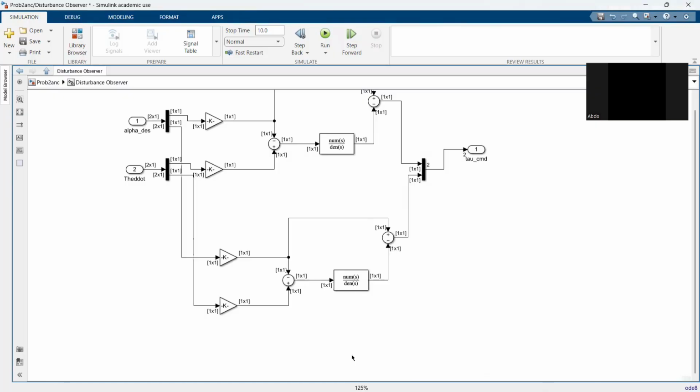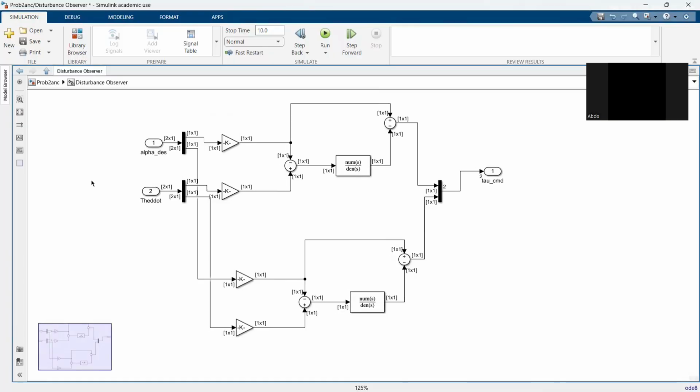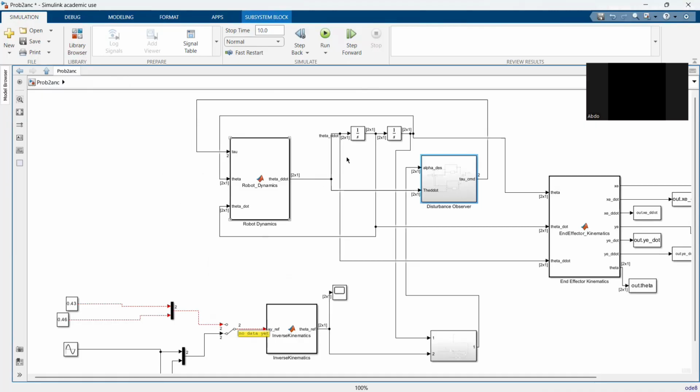This has helped the robot follow the reference more accurately, even if there are model errors, friction, or any external disturbance. So the disturbance observer improves the torque command before it enters our robot dynamics.